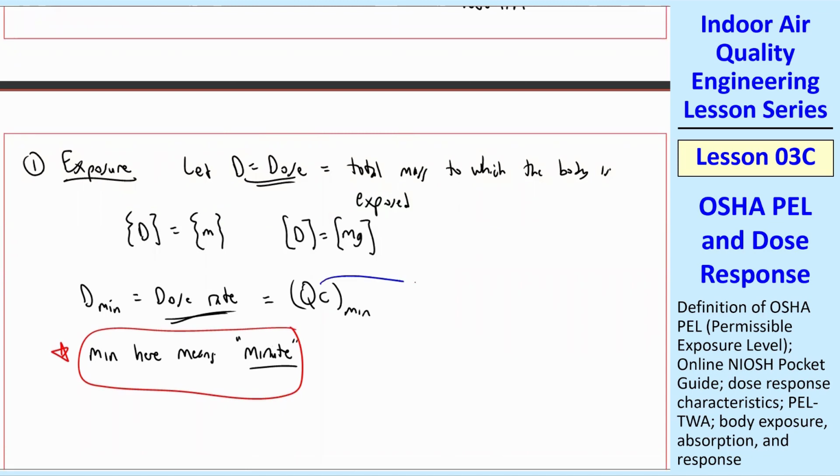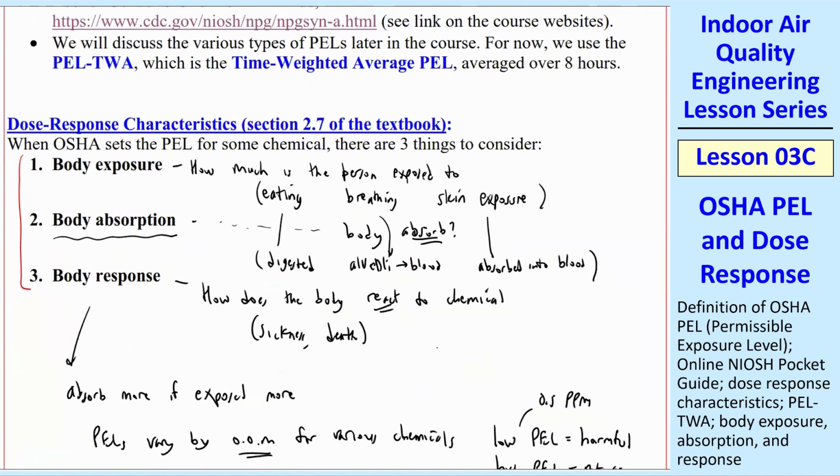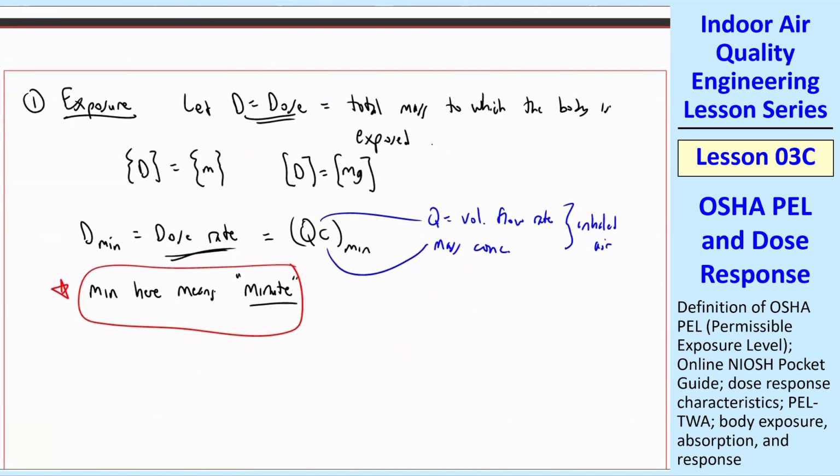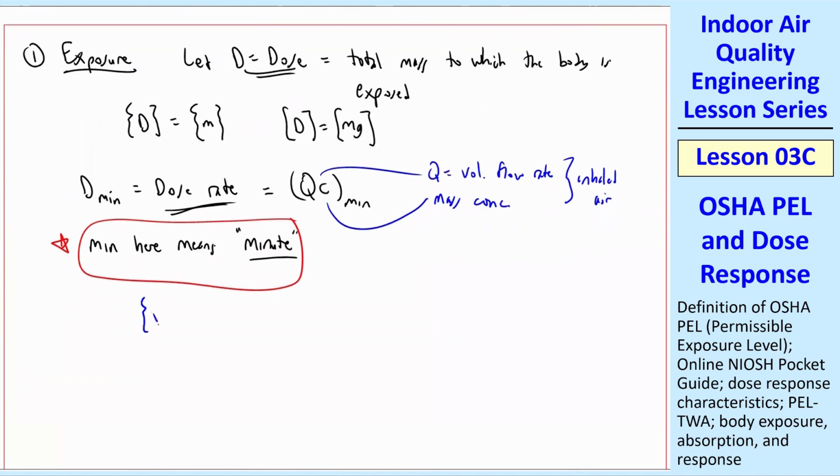Here we have Q, the volume flow rate of breathing, and C is the mass concentration of the inhaled air. Now we're talking about air quality, so we're talking about chemicals in the air. As I mentioned, you can also do similar things for eating, for skin exposure, but we're typically talking about breathing in this course.